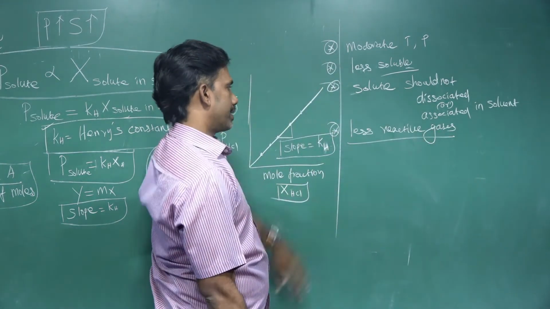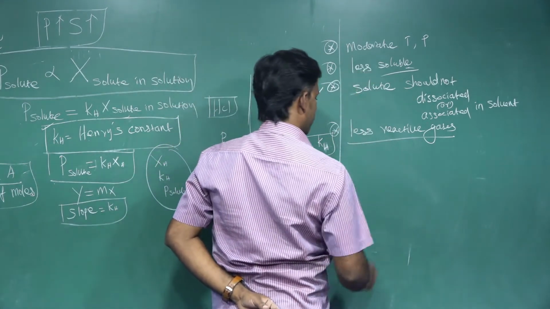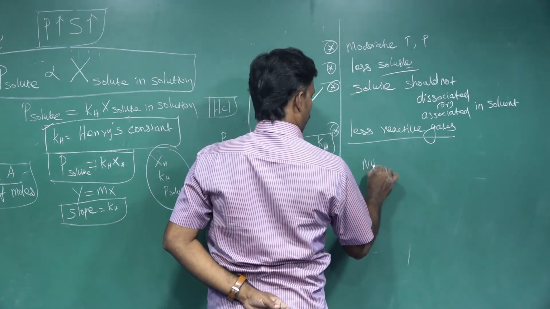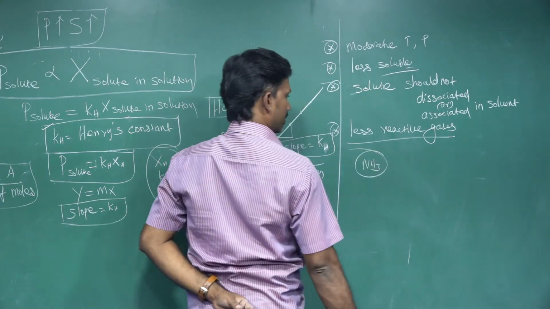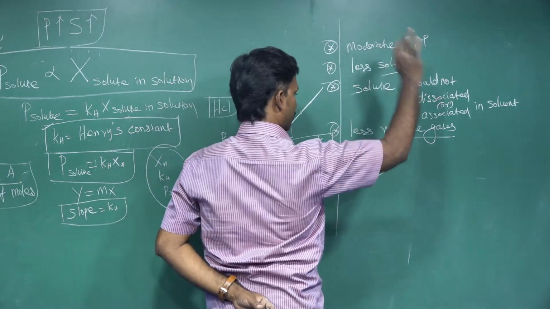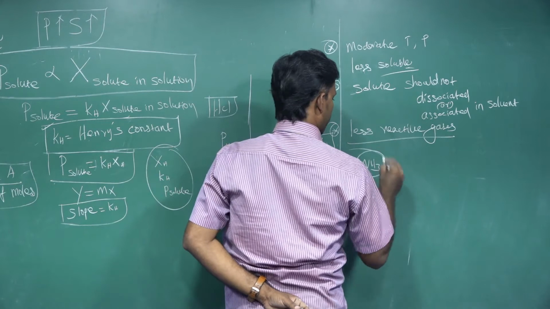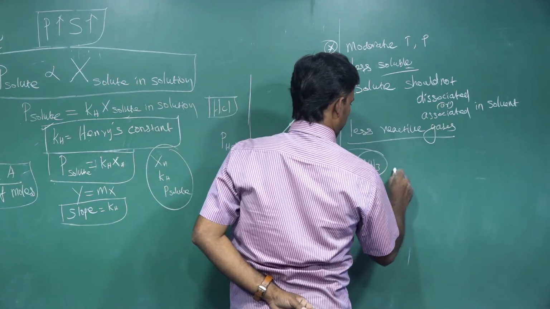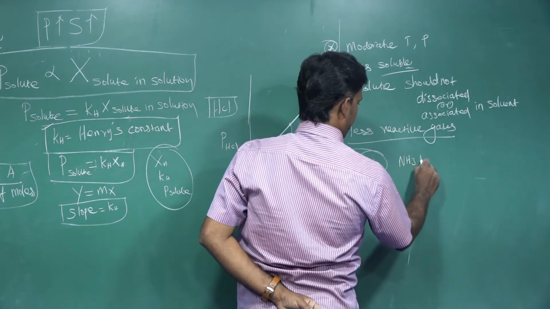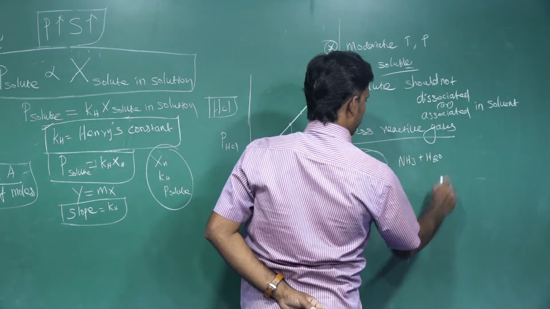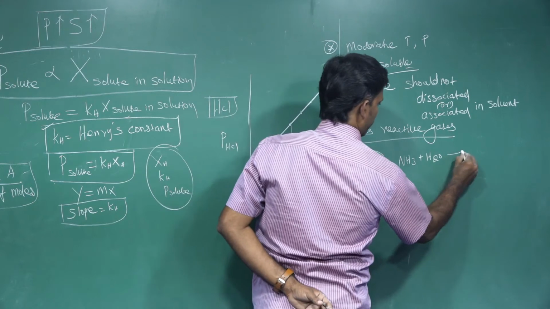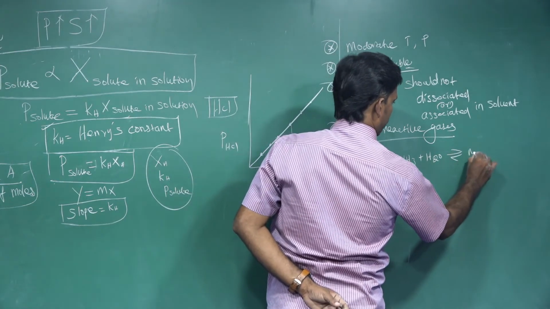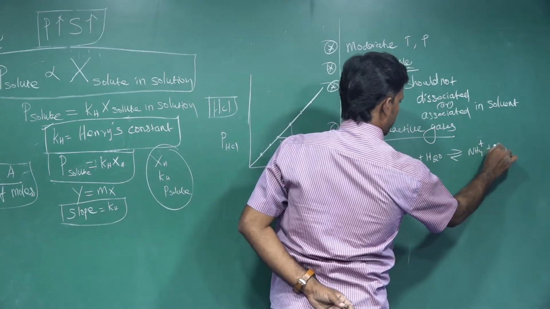For example, take ammonia. Ammonia is an easily soluble gas, but Henry's law applies only to less soluble gases. If you take ammonia in water, this happens: NH3 gives NH4 plus, the ammonium ion, plus OH minus.